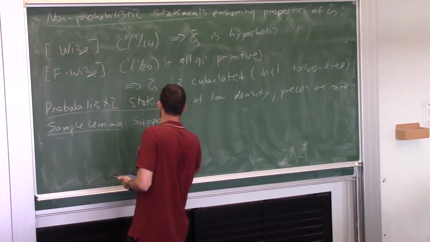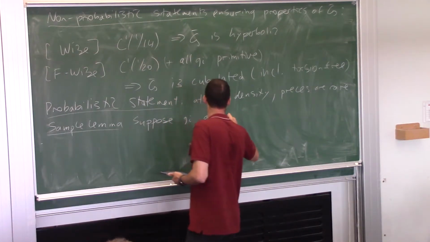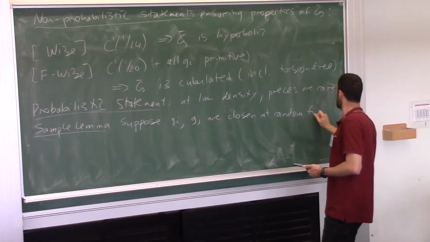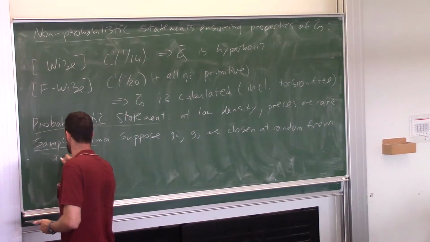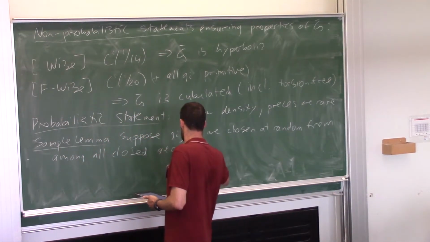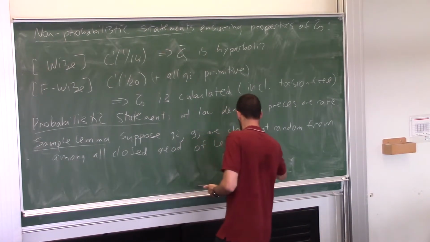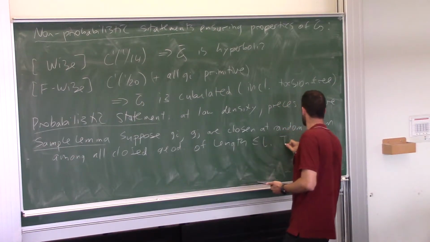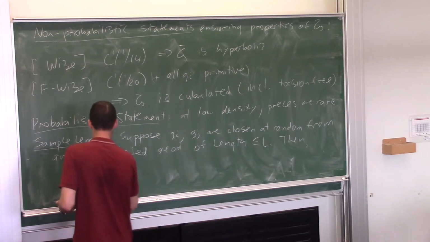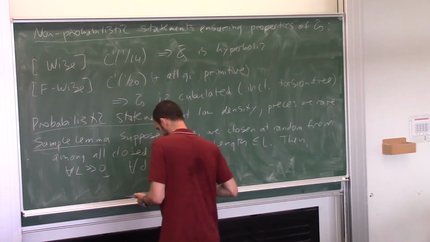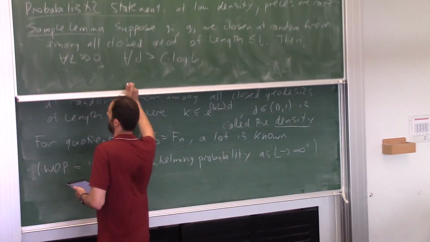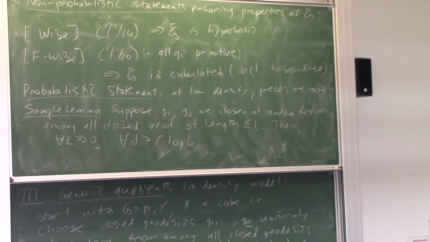Suppose G_i and G_j are chosen at random from among all closed geodesics of length at most L, and then for all L sufficiently large, and for all D bigger than some constant times log L, we're going to upper bound the probability of a piece between them.